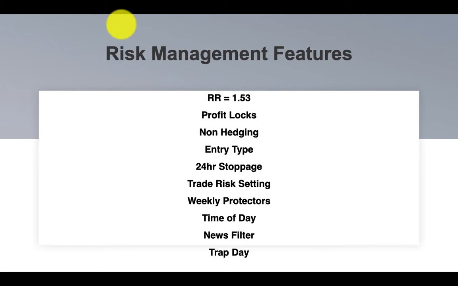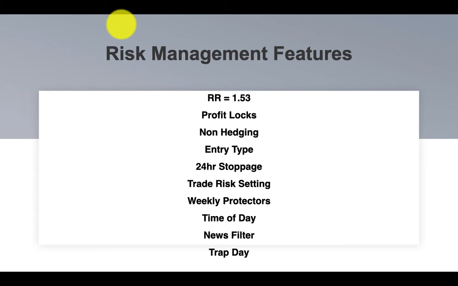And the 2 profit locks we have found that work the best is that when price is 470 pips in profit, it will lock in. So that means you will move your stop loss to 300 pips in profit. Once you reach 470 pips in profit, your stop loss will automatically be moved to 300 pips in profit. Once you reach 680 pips in profit, the stop loss will move up to 320 pips in profit.